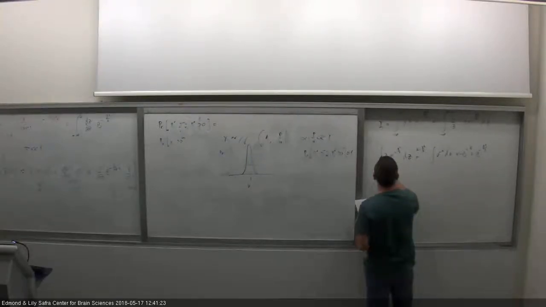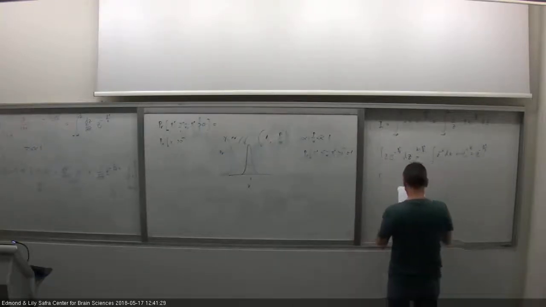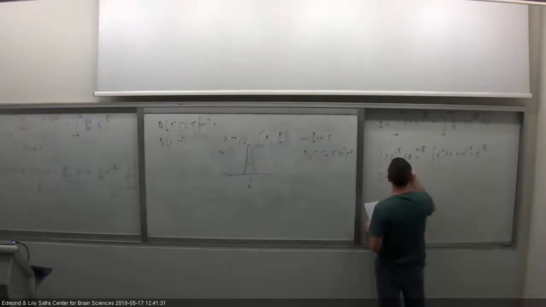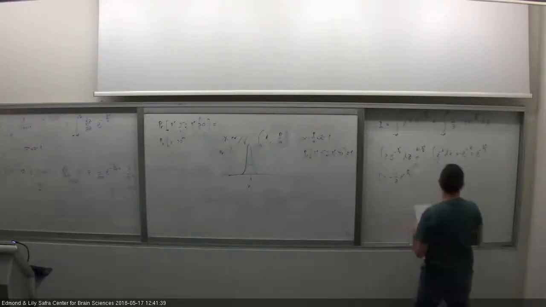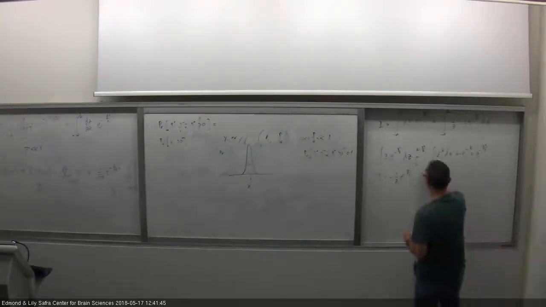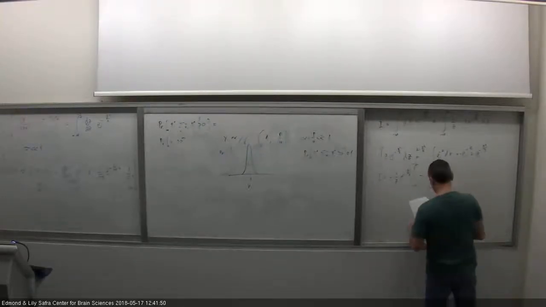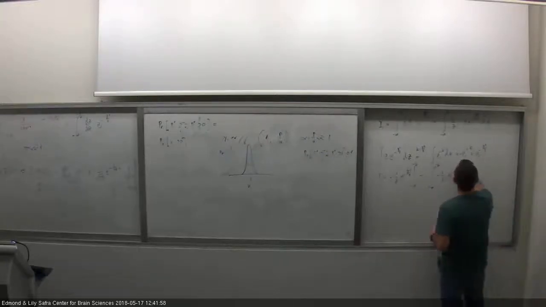So our integral will be equal to minus 1 over z, e to the minus z squared over 2, from minus infinity to minus 1 over sigma, minus the integral from minus infinity to minus 1 over sigma of the derivative of this, which is minus 1 over z squared, times e to the minus z squared over 2 dz.